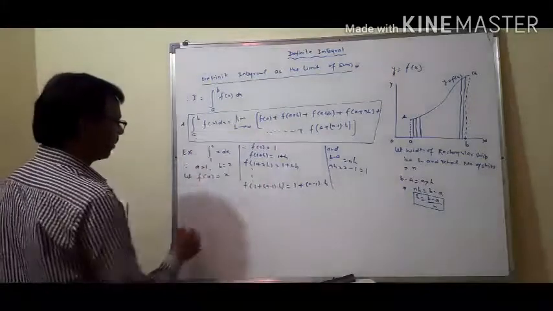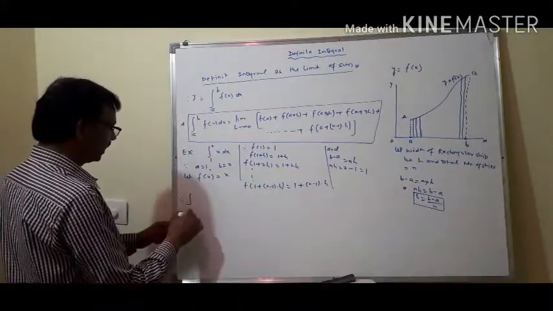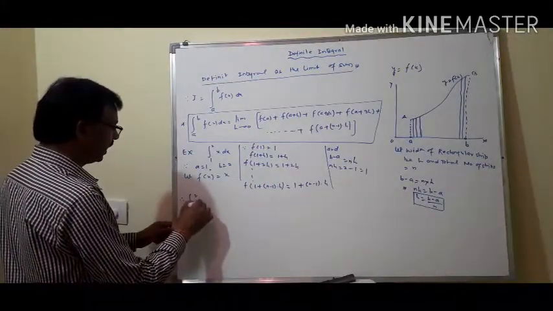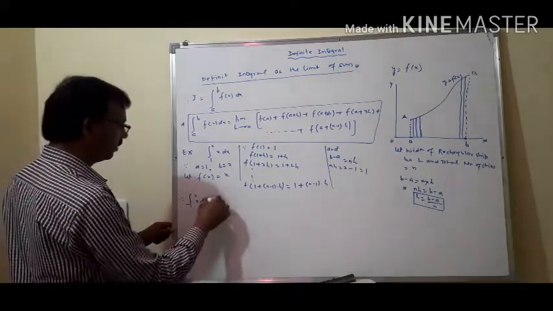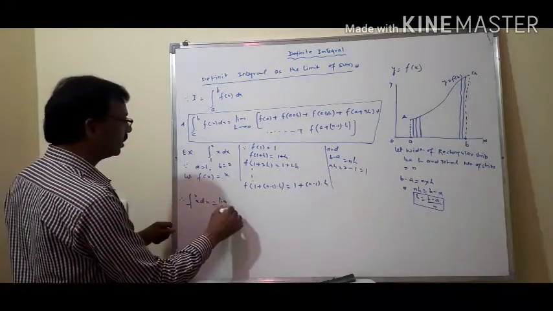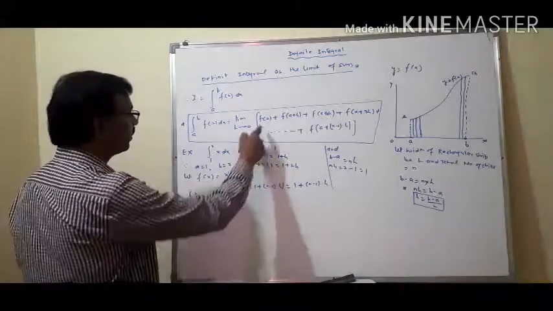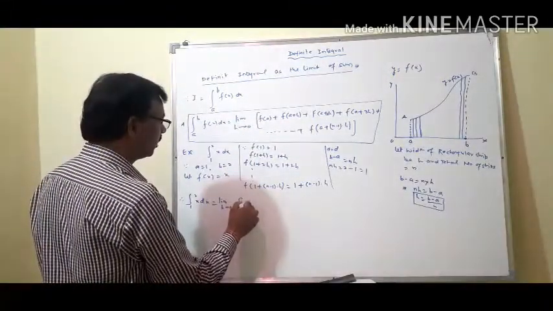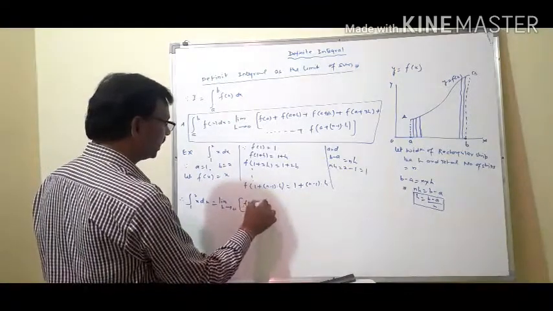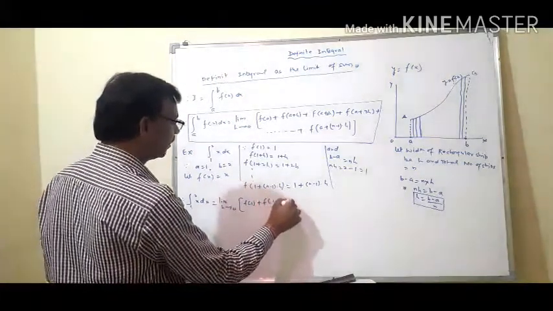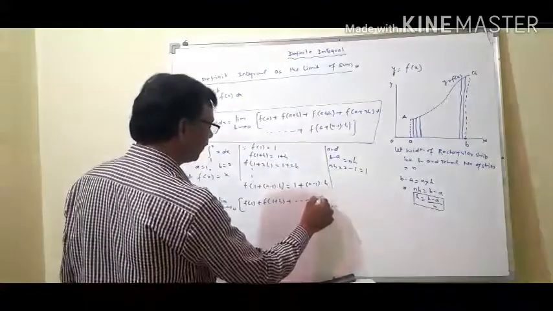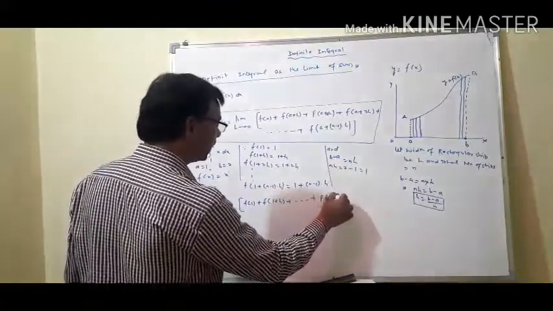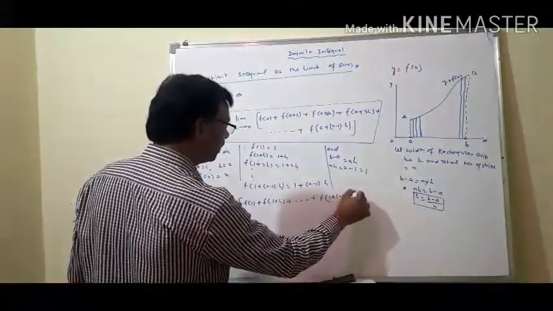Now apply this formula. Therefore the integration from 1 to 2 of x dx equals the limit as h tends to 0 of f of 1 plus f of 1 plus h plus and so on, plus f of 1 plus n minus 1 into h.